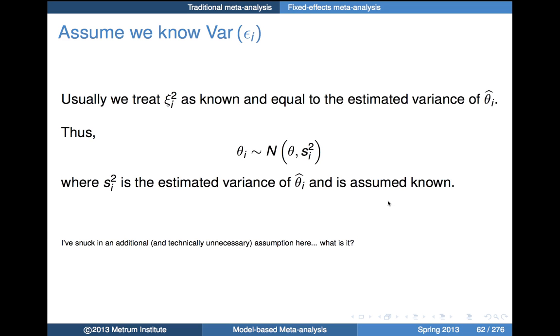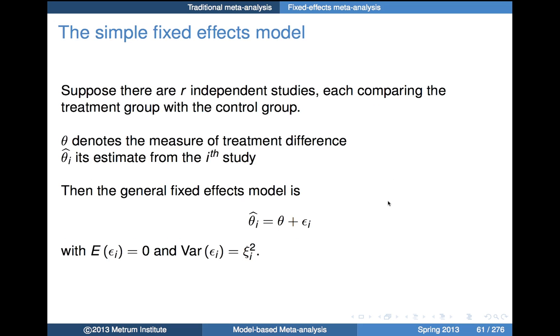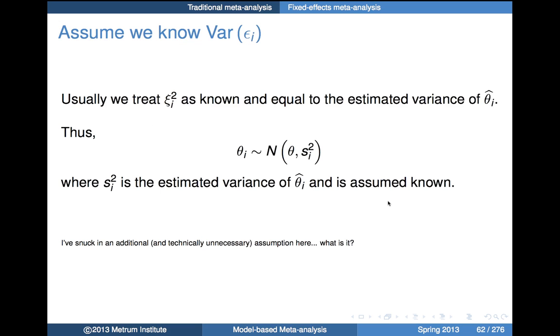If you're paying close attention, you may see that I've snuck in a little assumption on this slide that wasn't on the previous slide. I'll give you a second to think about what that was. The previous slide defined the most general fixed effects model, and here I've defined a slightly more nuanced version. The assumption I've imposed here is normality.